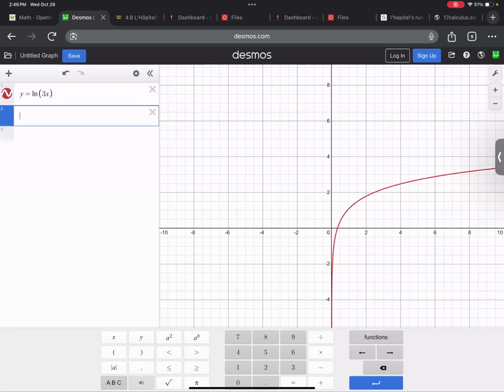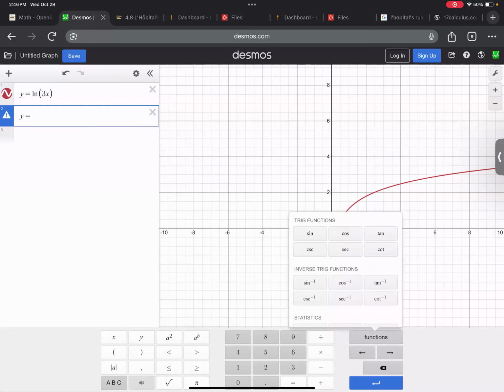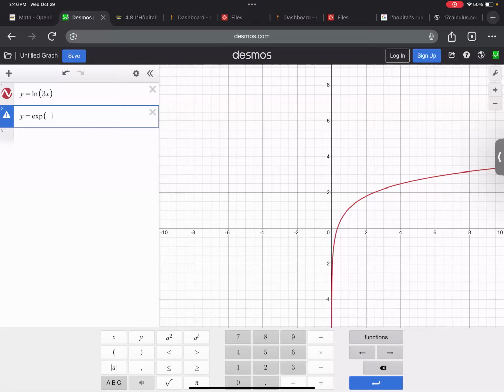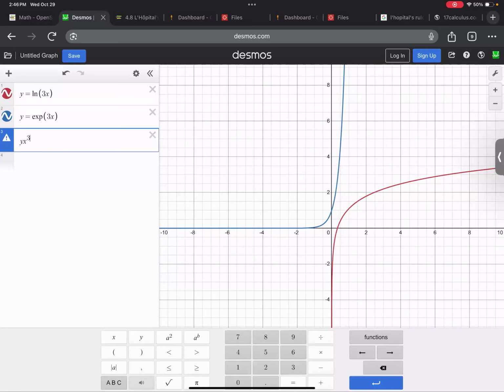All right, now we're going to do y equals, we need e. Where's e at? Probably down in the same area. Exponent 3x. And now we're going to do y equals x cubed. I need an equal in there.